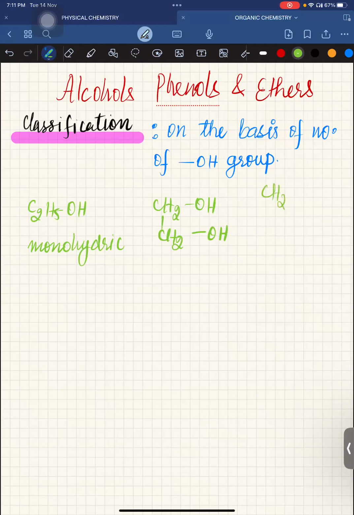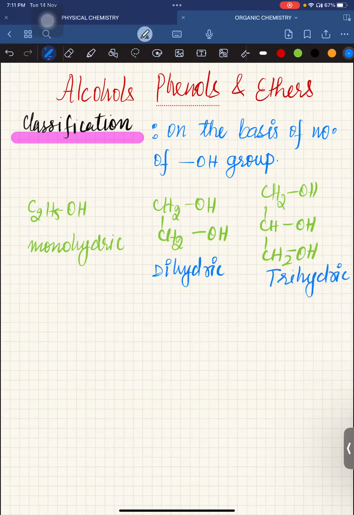If you have three OH, that is trihydric, and so on. Mono, di, tri, tetra, and so on. So this is the first classification that we did.